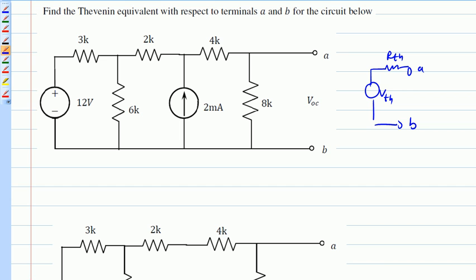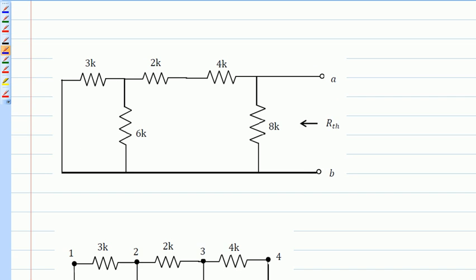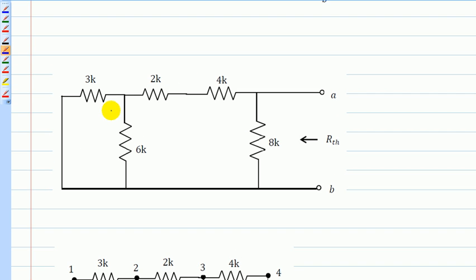To find RTH, you need to short the voltage source and open the current source. If you do that, you'll end up with this circuit here.